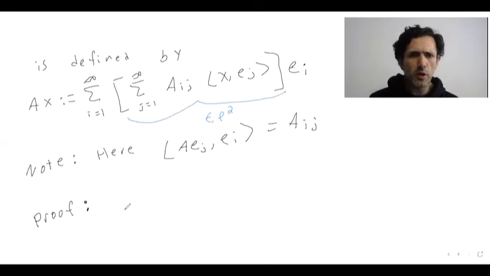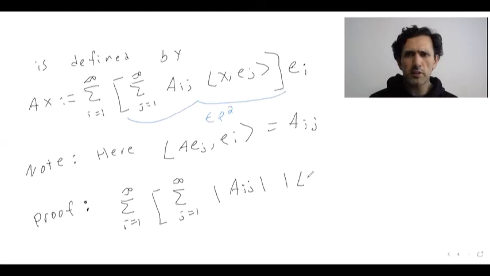And so what I want to do is get, in particular, an estimate for the following. I'm going to estimate this sum right here, the sum of modulus aij times modulus x ej, this whole sum squared.